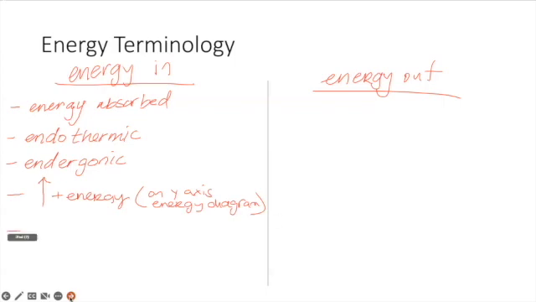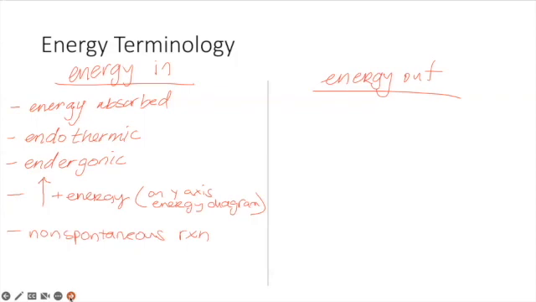And this is associated with a non-spontaneous reaction. This is not going to happen on its own. So all these terms mean energy in, right? Energy is being absorbed by the reaction. It's endothermic, it's endergonic, it has that positive value of energy on the axis.